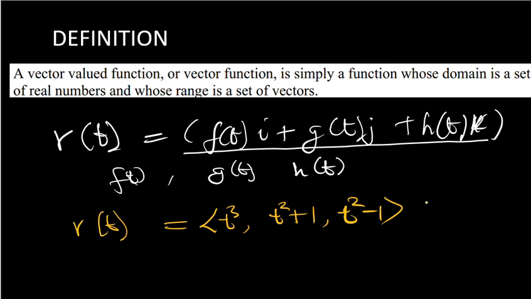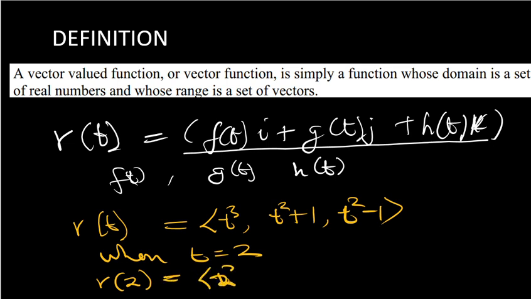The t is a parameter of this vector function. So the value of our vector function will depend on t. So for instance, when t is equal to 2, r of 2 will be equal to 2 cubed, then 2 squared plus 1, then 2 squared minus 1.